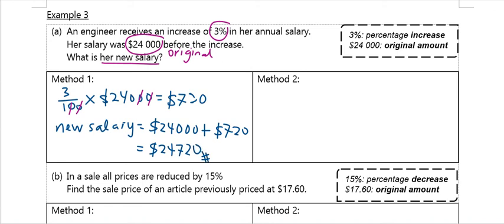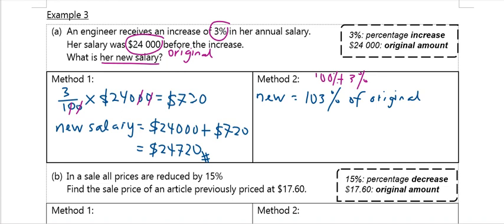The second method is that you have to use the multiplier. So here, since there is an increase, you have to add 100% plus 3%. So here, her new salary will be 103% of the original. Okay, you just have to remember this one.